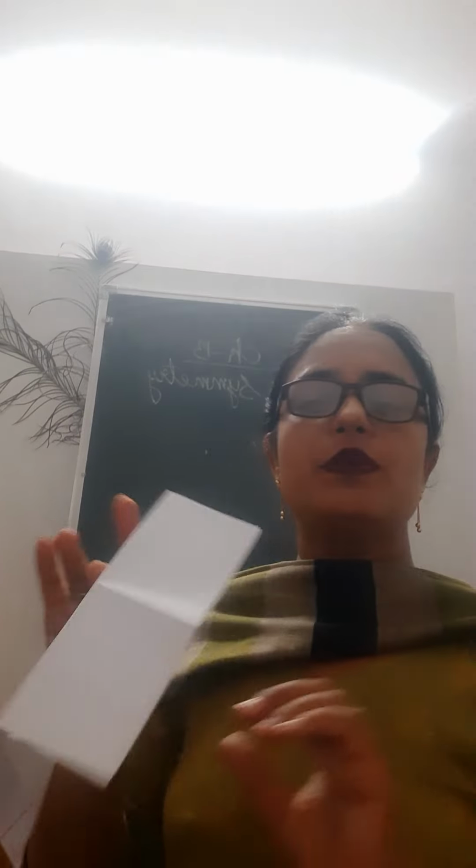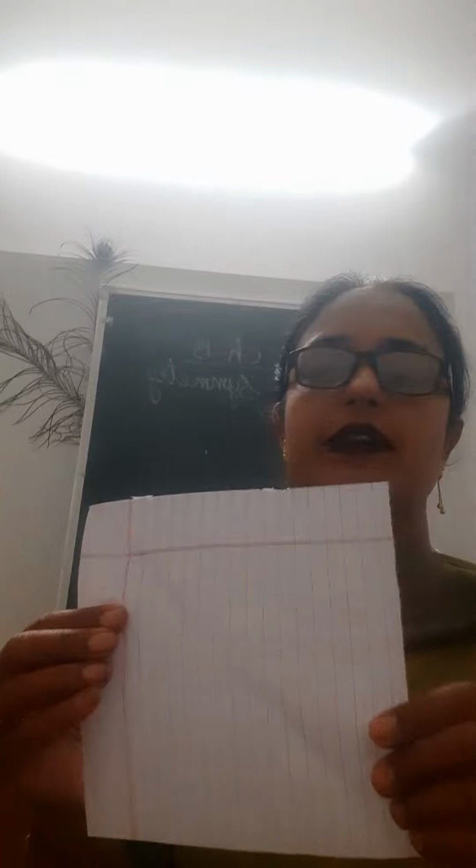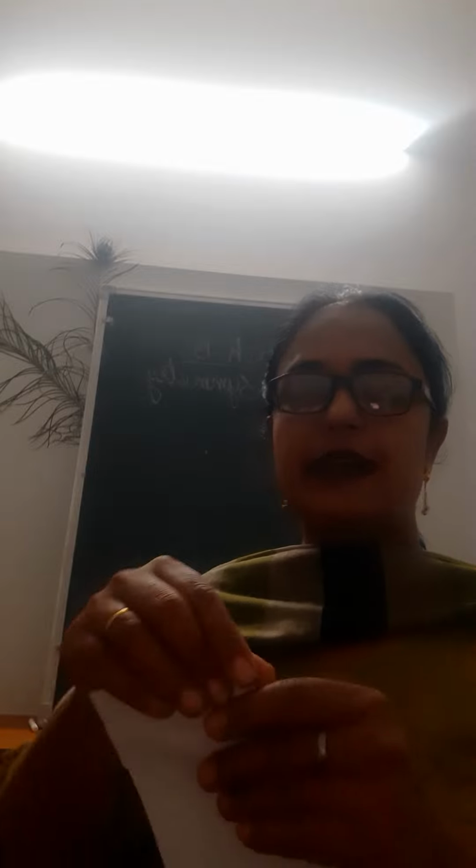Now this was a rectangle, now I am making a square. Let me show you how many lines of symmetry a square has. I got the square sheet. As I folded for the rectangular case, vertical as well as horizontal line of symmetry, the same two lines of symmetry we are going to get in the square case also.